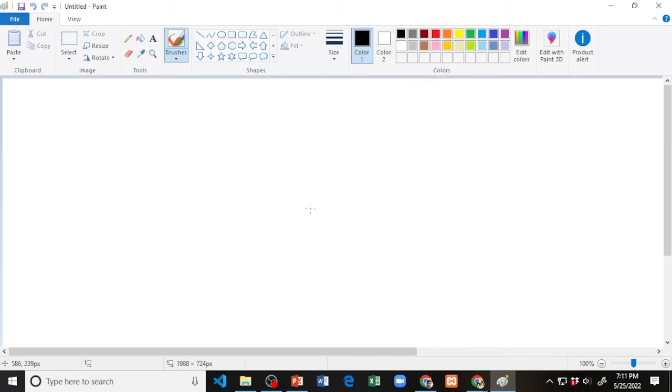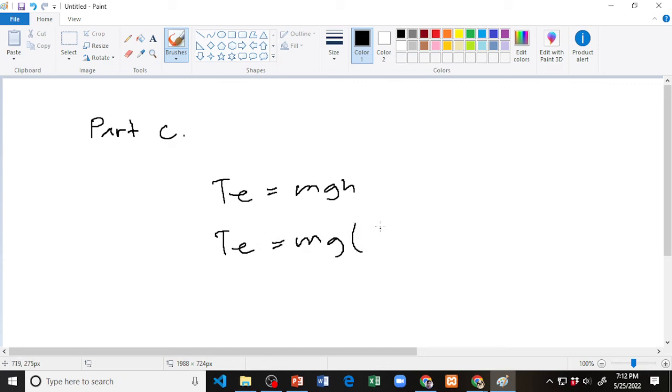This is part C. So we have total energy is equivalent to mgh, and that is equivalent to mg times the value of h, or the value of distance, which is 1/2 g t squared. So we're gonna have m g squared t squared all over 2.